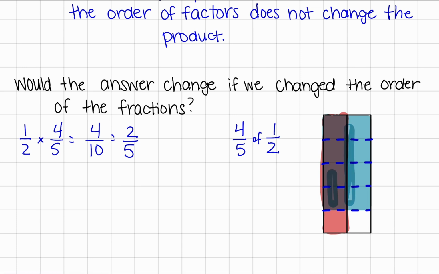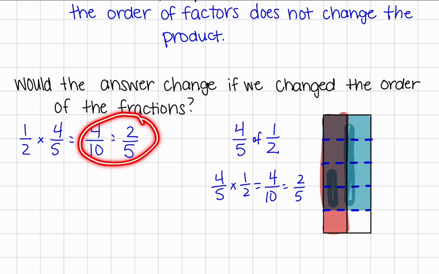All right. Now, 4/5 times 1/2, right? Because of means times or multiply, equals 1, 2, 3, 4, 5, 6, 7, 8, 9, 10. 4/10, which simplifies to 2/5.